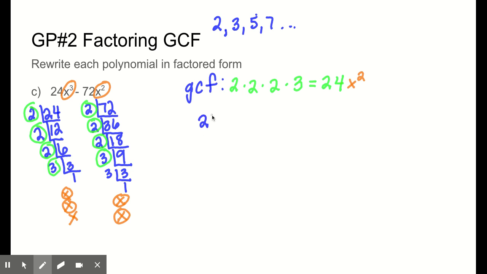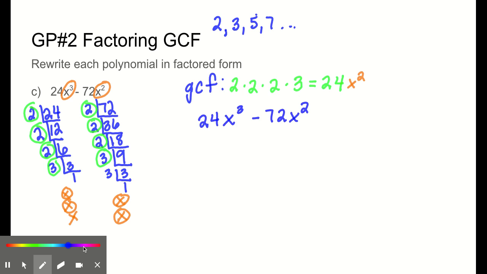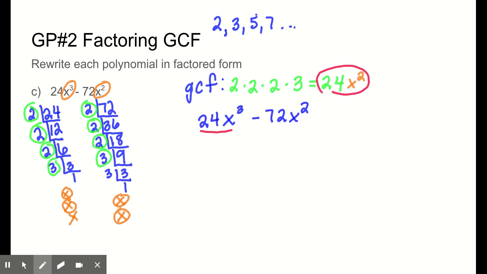So let me go ahead and rewrite our original polynomial. We have 24x cubed minus 72x squared. So I'm going to divide out the greatest common factor, which is 24x squared.